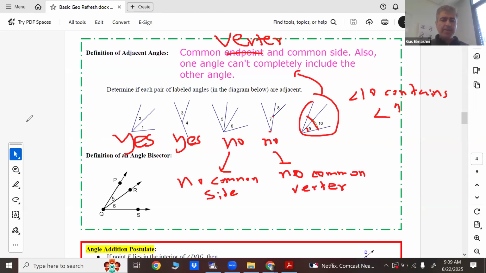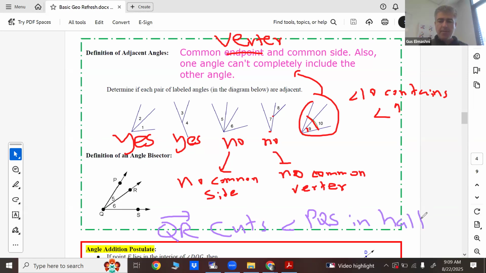Now, the definition of an angle bisector. That's when you cut an angle in half. That's all you're doing. So ray QR cuts angle PQS in half. What it means is that angle 5 equals angle 6.